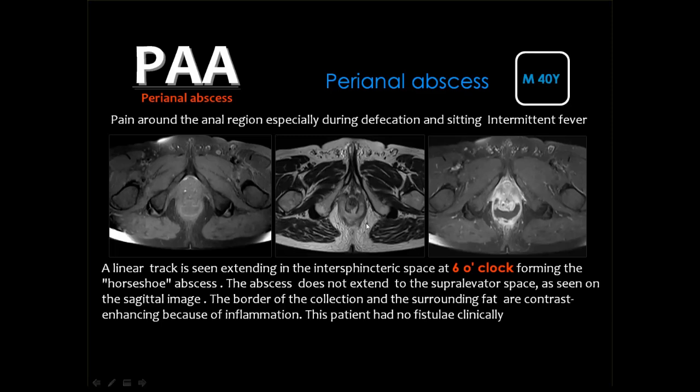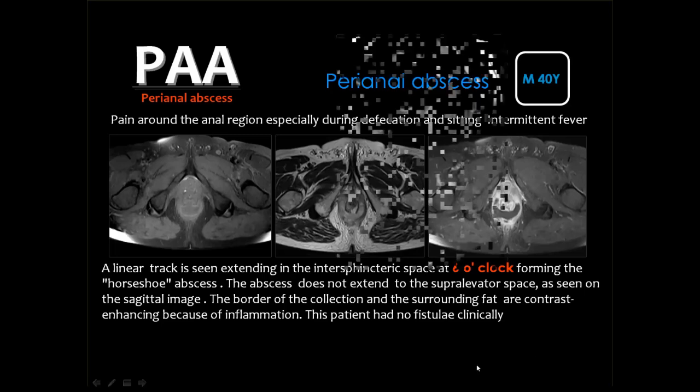And here you can see the opening of the abscess into the anal canal, but this patient had no fistulous opening externally. And this is the T1 with fat suppression, and you see the relative high signal of the wall. And if you inject contrast material, you see the enhancement of the wall as well as the extensive inflammatory changes.